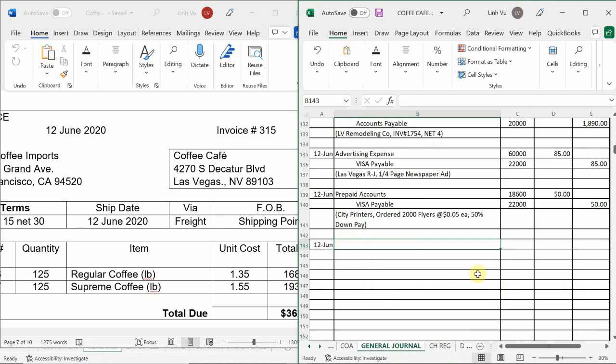Regular coffee and Supreme coffee. Okay. And how did I pay for this? I received a bill.